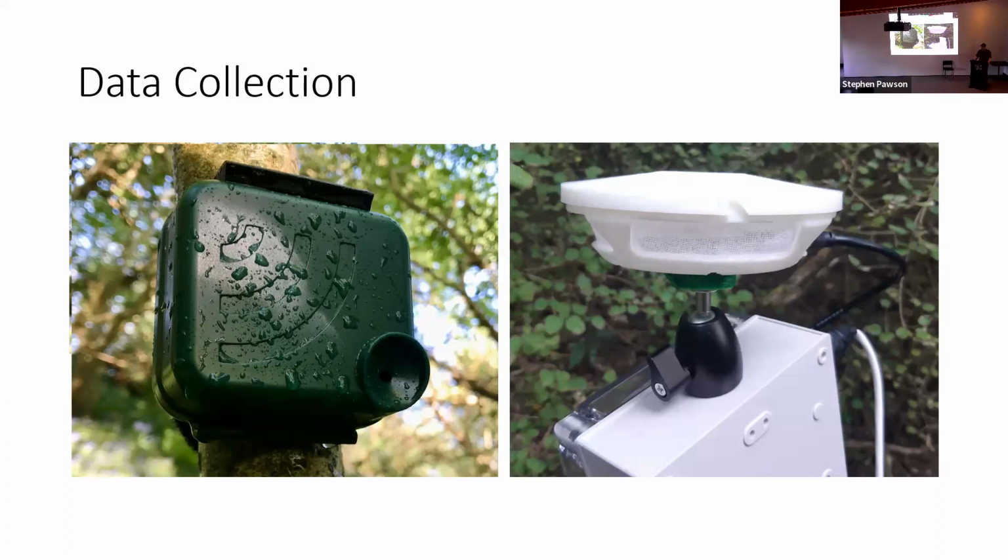So the reason we initially went with a microphone array is that it has 6 microphones on it, and it can also determine the direction of the sound. So we thought we'd have multiple vocalizations, and we'd be able to figure out which direction those vocalizations are coming from.